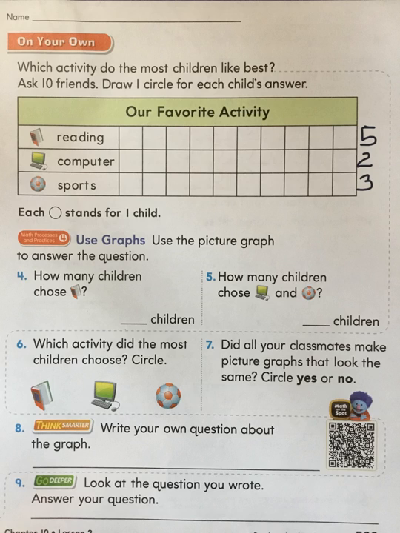Now I need to draw my circles to actually make my picture graph. So for reading, we need to have 5 circles. 1, 2, 3, 4, 5. For computers, we need 2. 1, 2. And for sports, we need 3. 1, 2, 3.